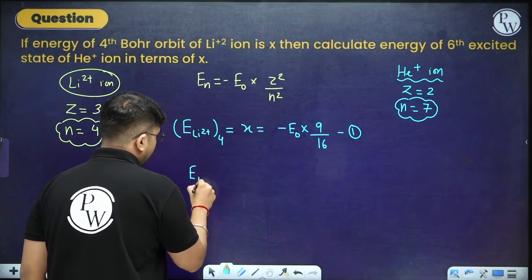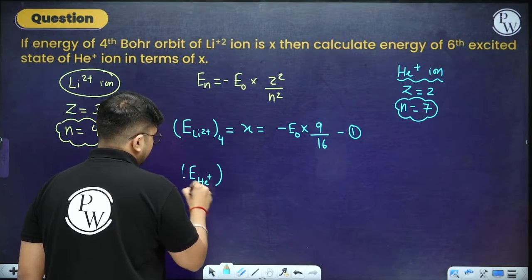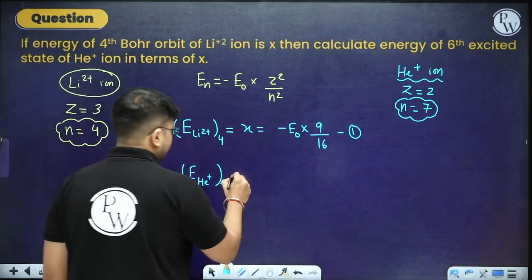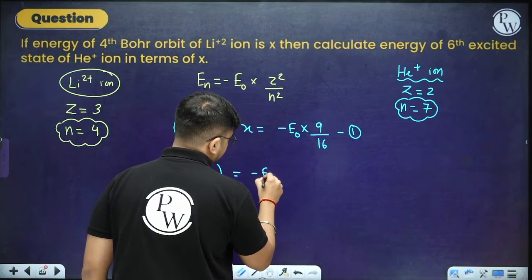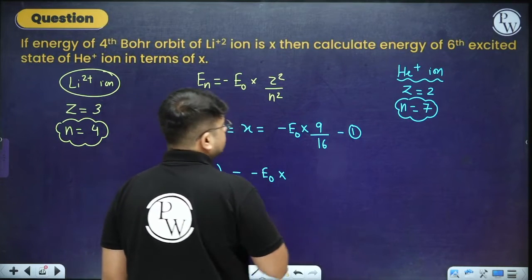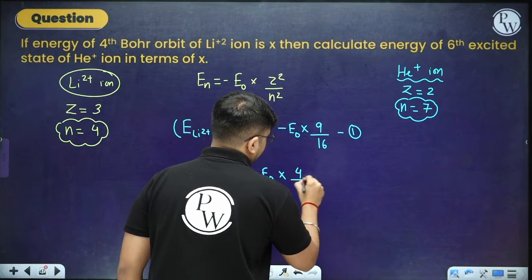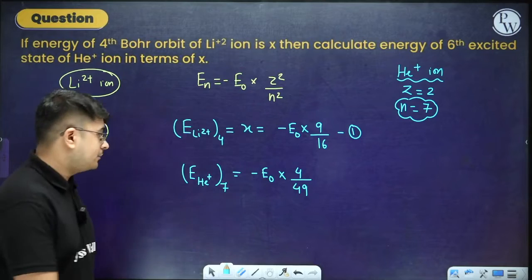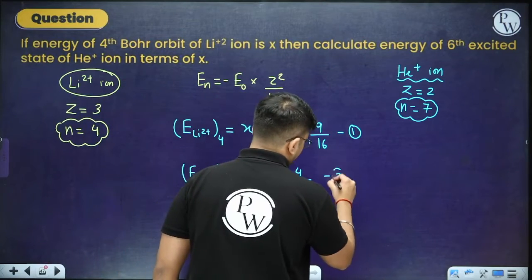Now, the energy of He positive ion in its seventh state, because it's the sixth excited state, will be equal to minus E naught multiplied by Z square, which is 4, over n square, which is 49. 7 sevens are 49. So this is equation number 2.